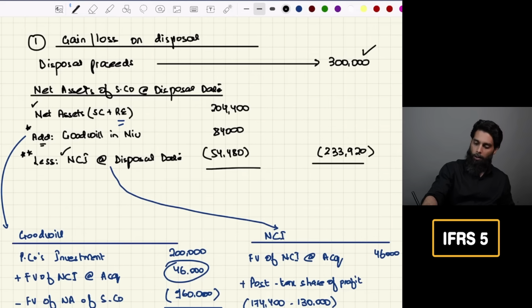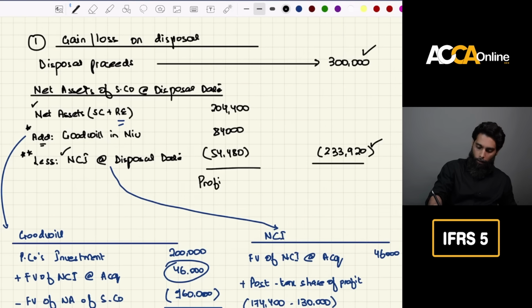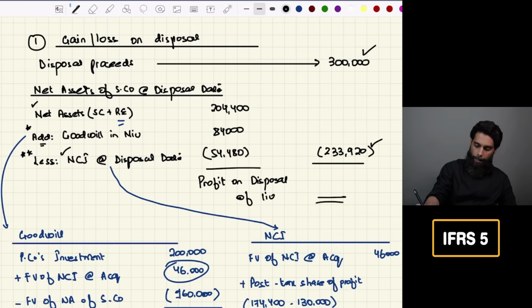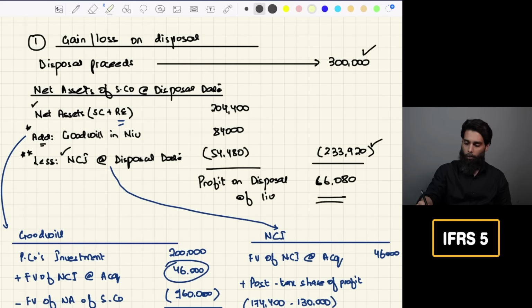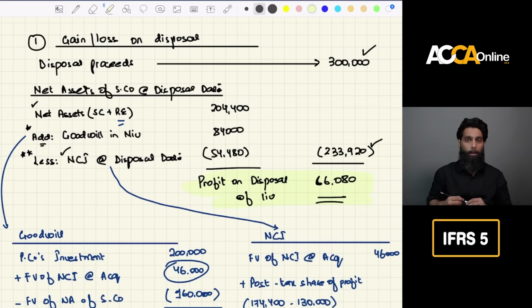And when you compare your sales proceeds with the net assets you're foregoing, you get a profit on disposal of Leo as 66,080. This is the profit on disposal.